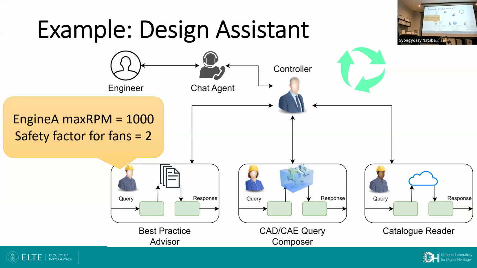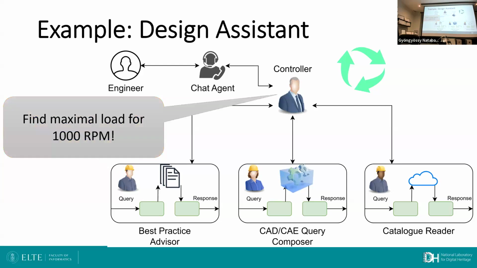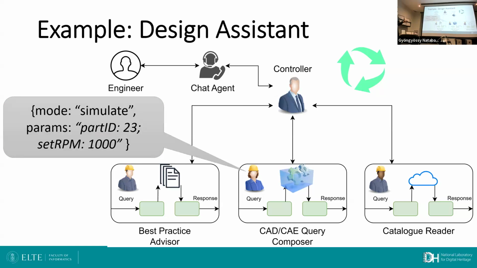Then the best practice advisor of the company will look in the documentation, and it will say that the max RPM is 1,000, the safety factor for fans is 2, so please plan according to this. Then the controller will take the lead again, and it will pass the simulation task to the design software again, where it will say, in simulation mode, set the RPM of part 23 to 1,000. Of course, this is not as simple in practice, but the idea is the same.